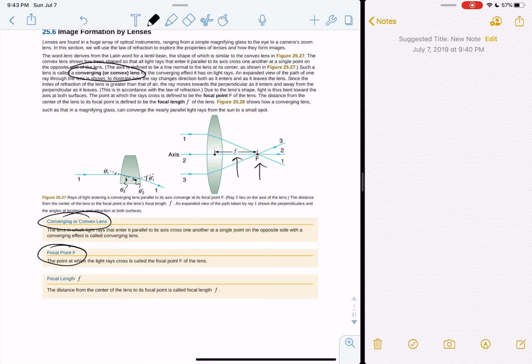Capital F is the focal point. The distance from the center of the lens to that point is the focal length of the lens, and F is a distance. It's a measurement in meters, centimeters, or some other distance like that.